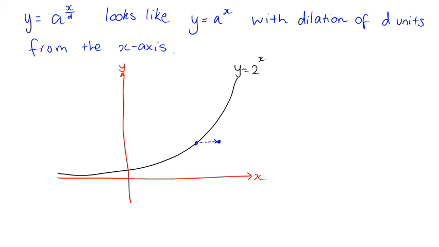It actually starts off a little bit higher. I'll do it in a different color. And then it goes a little bit under at the y-intercept. Like that. So that's y equals 2 to the x over 2, or 2 to the 1/2 x.